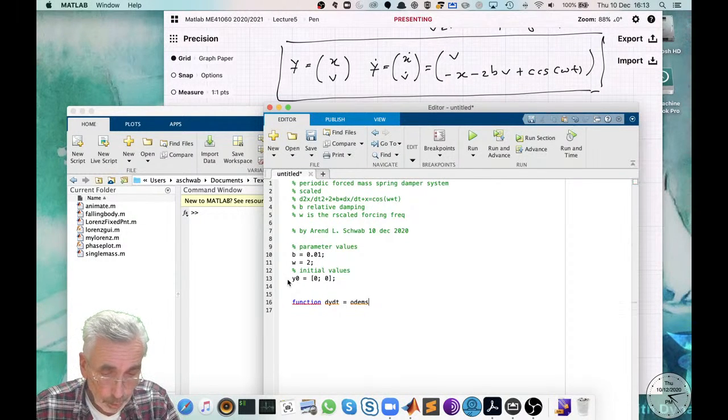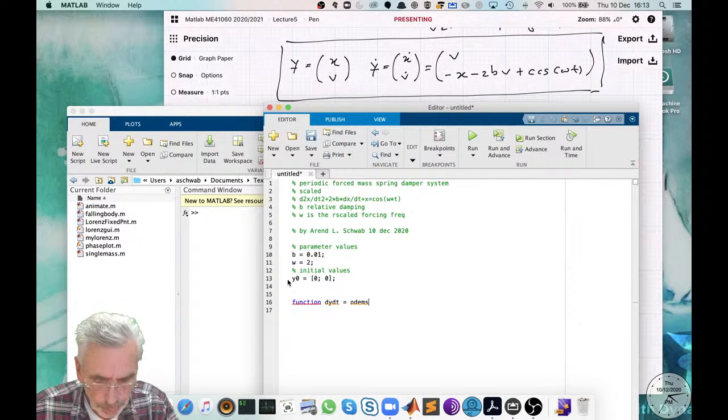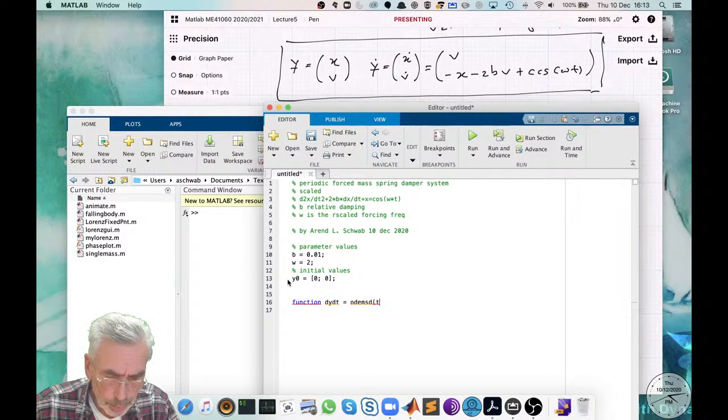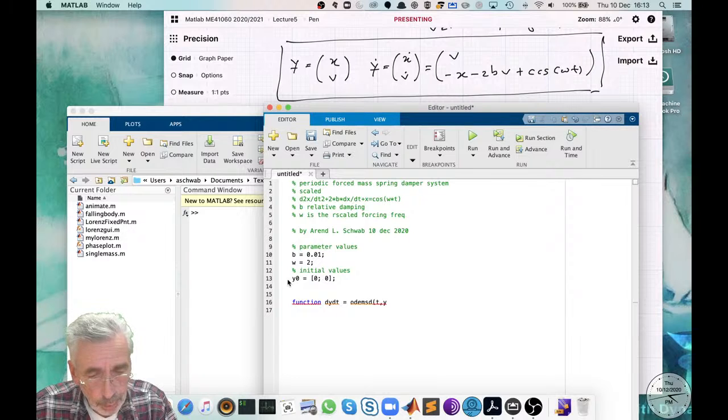You can even make it a bit longer, but mass spring damper is a lot, a single mass maybe. The input, now we have to follow the syntax of Matlab, is time and then vector, and it's not the other way around. We will see in a second.